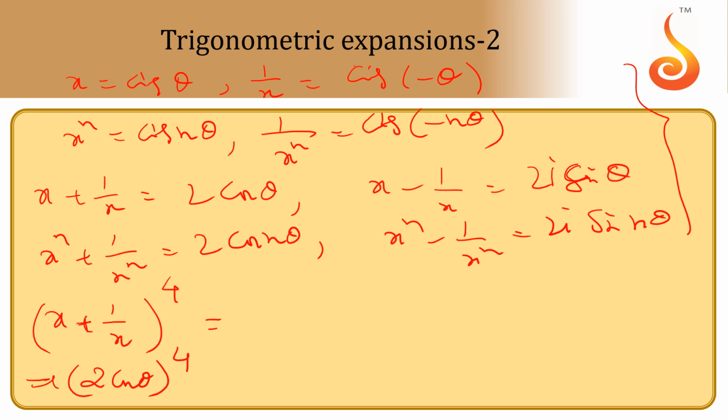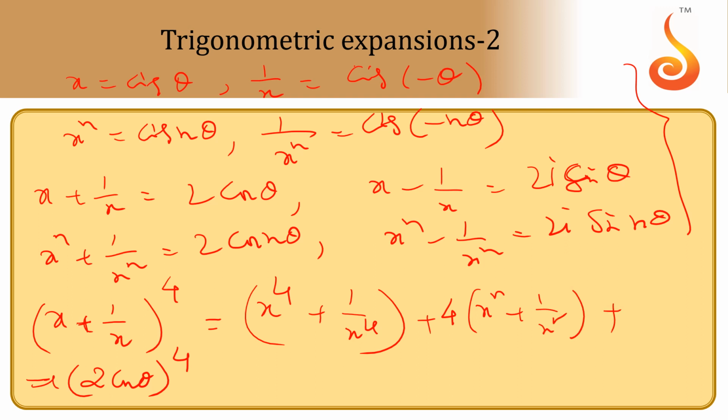So (2 cos theta)^4 will be, now you have to apply the binomial theorem. So 4C0 x^4 and the last term will be 4C4 1 by x^4, no? So you have to combine like that. Then 4C1 x^3 into 1 by x, so 4 times x^2, and the last but one, x^-2, plus 4C2 x^2 into 1 by x^2 will be 6.